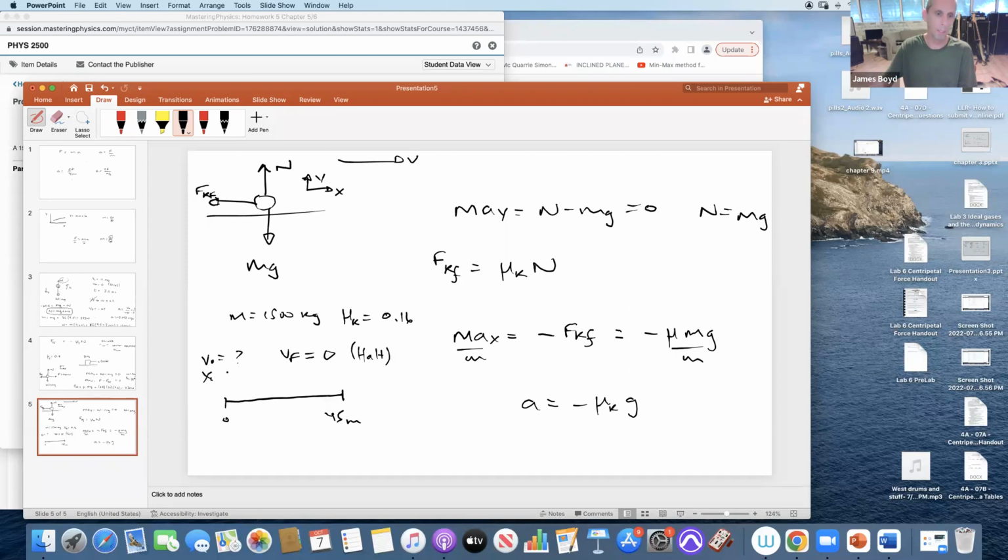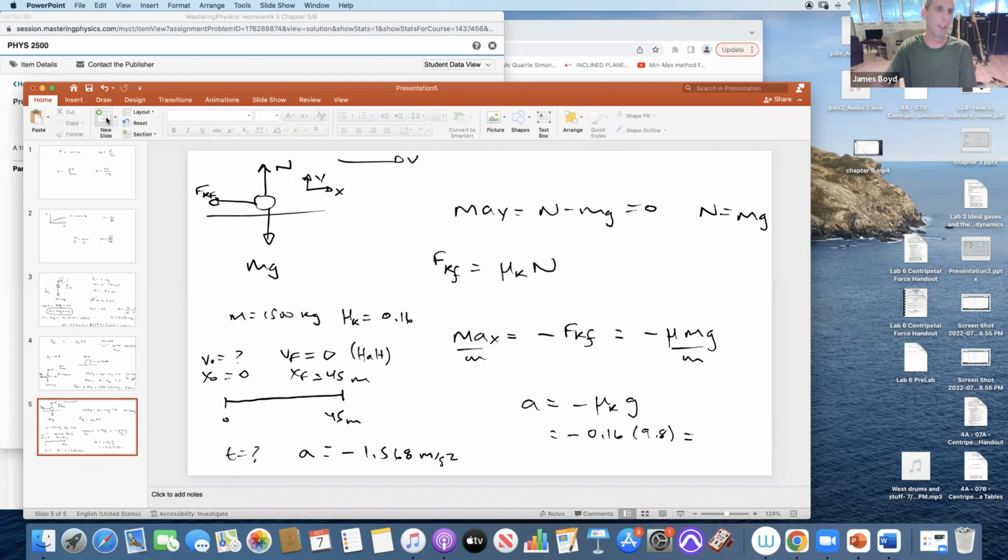X initial is 0. X final is 45. We don't know the time, but A is minus mu k g, which is minus 0.16 times 9.8, 1.568 meters per second squared.